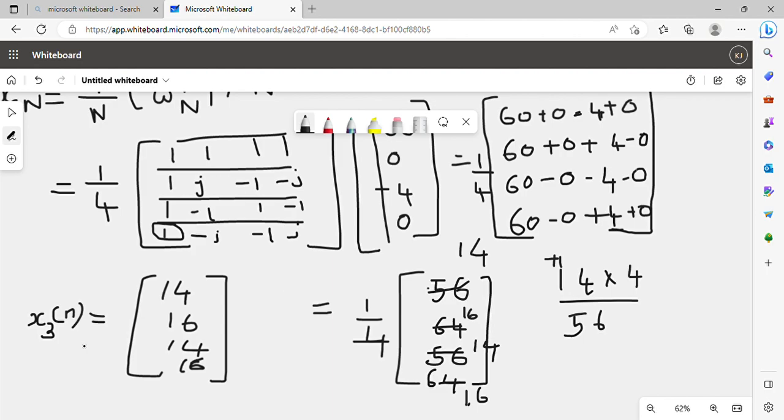He might give you any methodology for your exams. He might ask a question, find DFT of the following sequence or find IDFT of the following sequence, and he will specify some methodology for you to use. So that is why I always tell you to learn all the methodologies without fail, because of this reason, right?